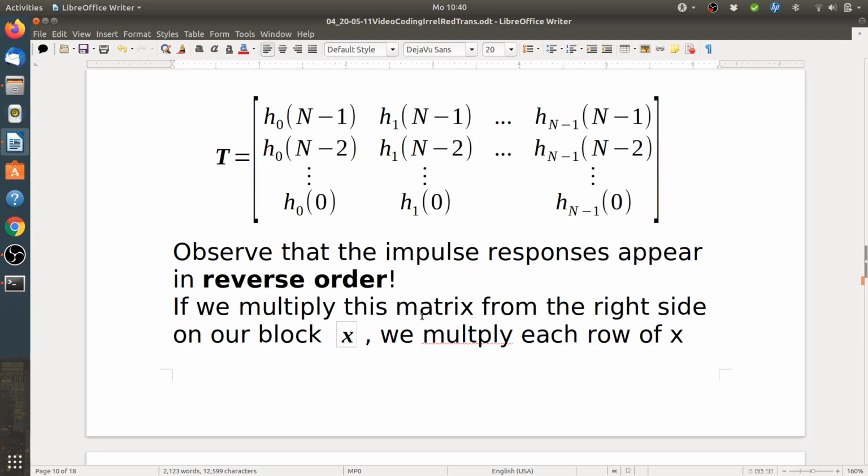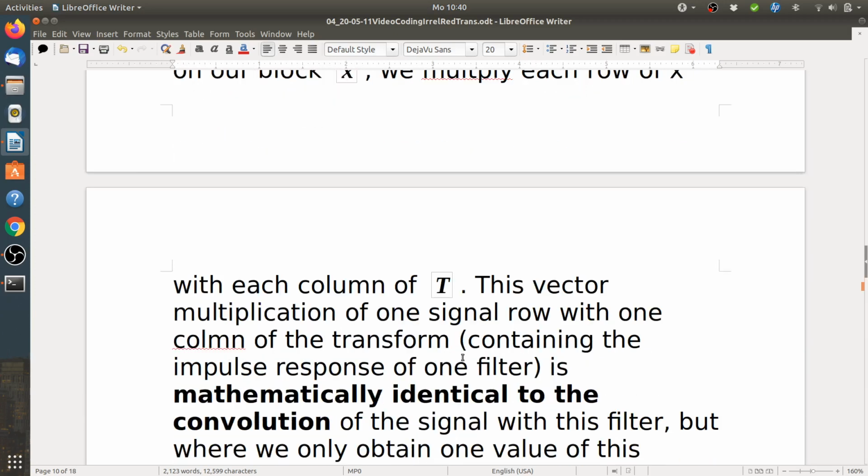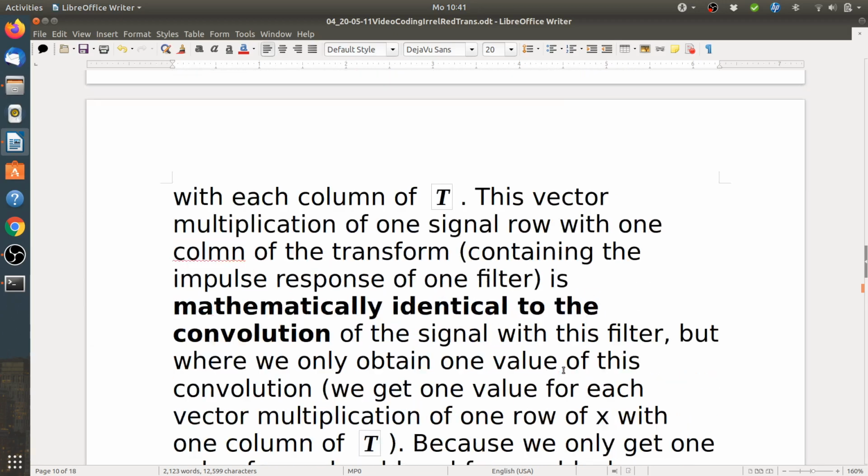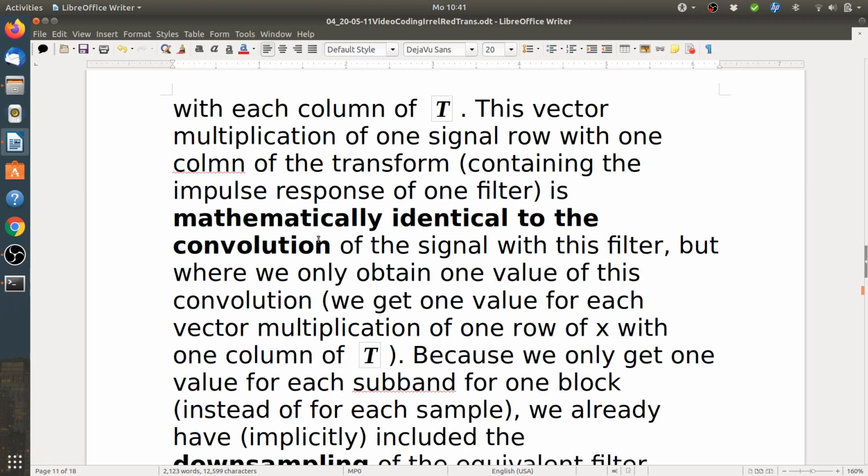Yeah, so if we multiply this matrix from the right side to our block X, we multiply each row of X with each column of T. This vector multiplication of one signal row with one column of the transform containing the impulse responses of the filters is mathematically identical to the convolution of the signal with this filter, but where we only contain one value of this convolution, right?